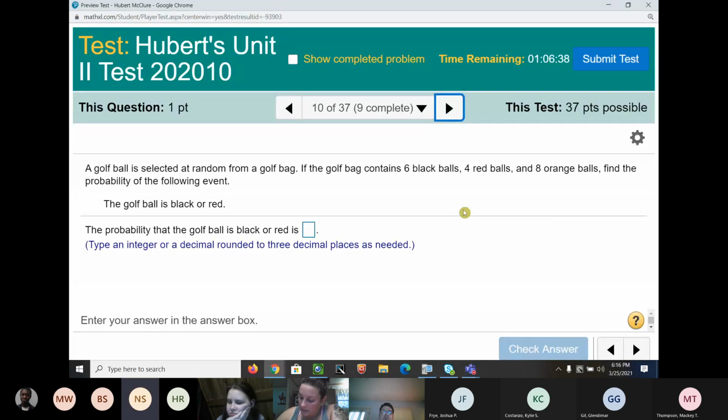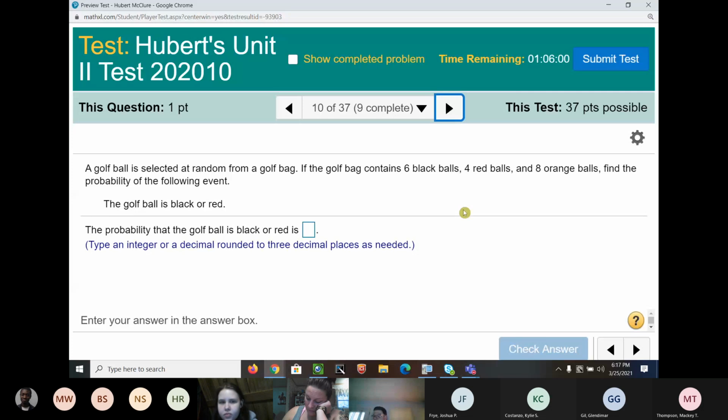Okay, so N is 18. So all the denominator is going to be 18. What's our key word in this problem? Or. Good job. Or means add. So that's going to be black is 6 over 18 plus red is 4 over 18.